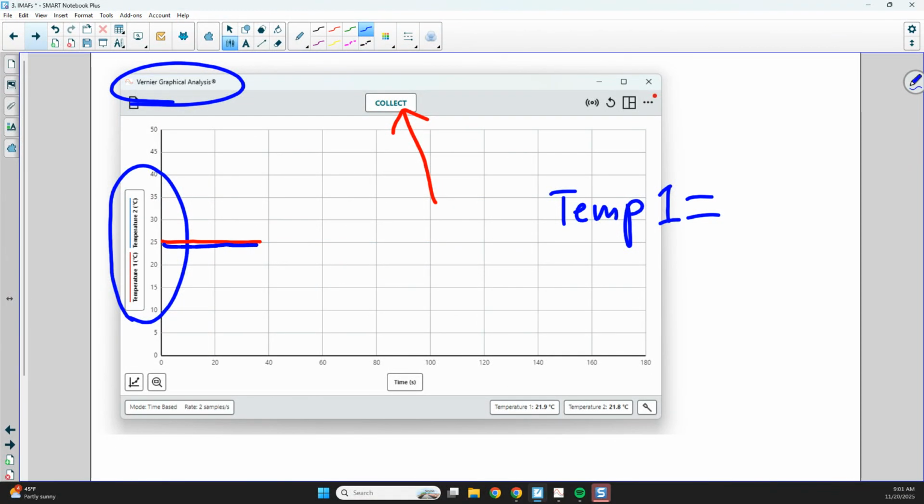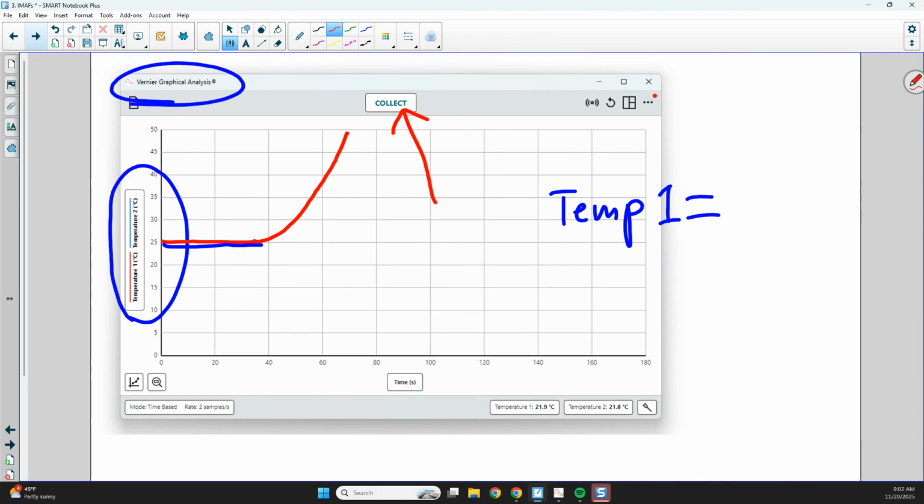And this is showing the temperature of the probes as time passes. And if you hold your hand over the tip of one of those probes, it should start to go up because your body temperature is warming it, okay?